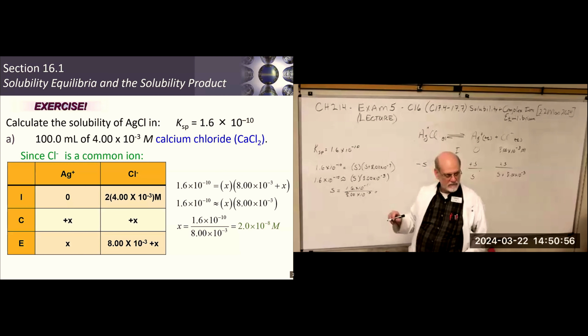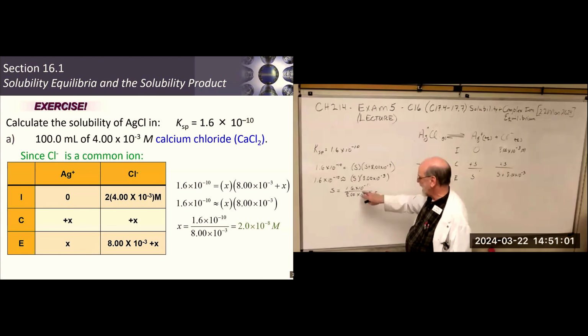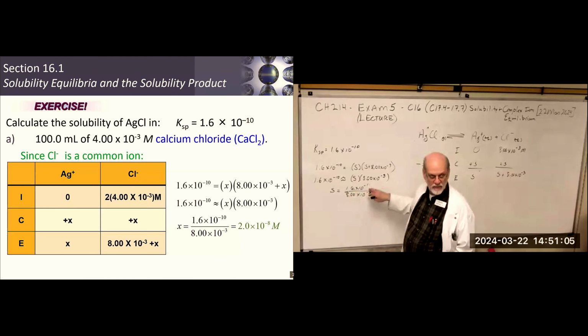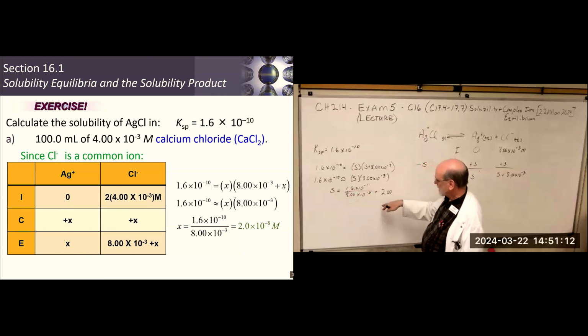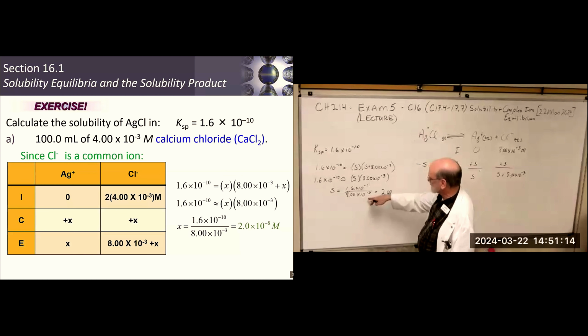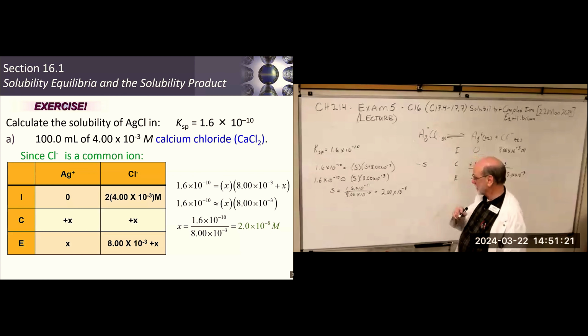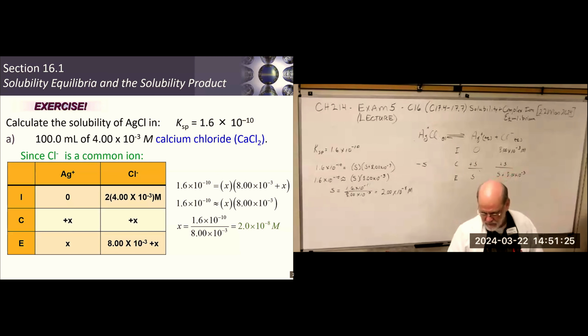You see what I did there? I multiplied this by 10, which means this has to go down by another one. That's so I could say 8 into 16. And then this becomes a positive 3 in the top, times 10 to the minus 8. Okay. So that should be the molarity. Well, there it is: 2 times 10 to the minus 8.